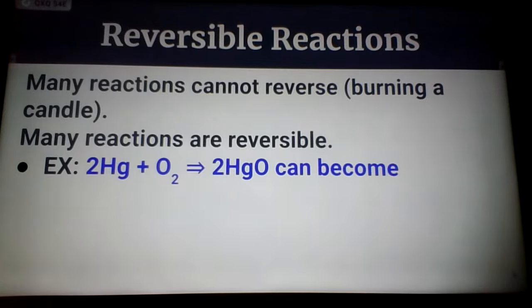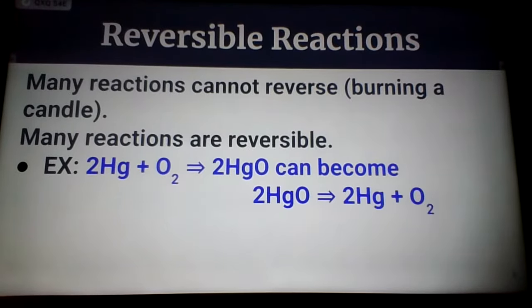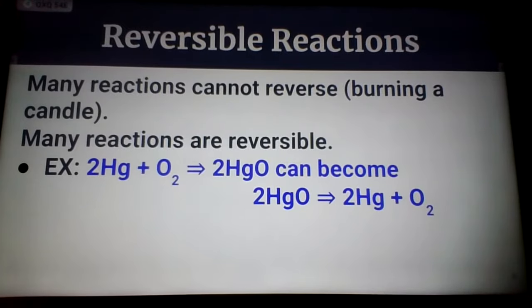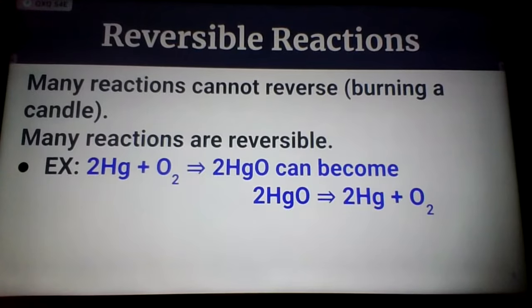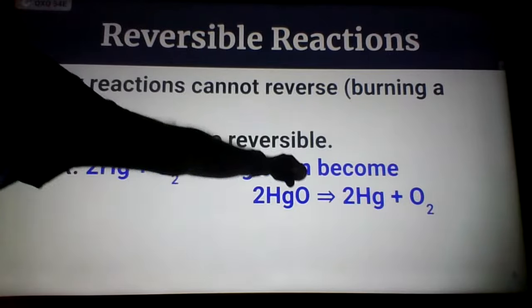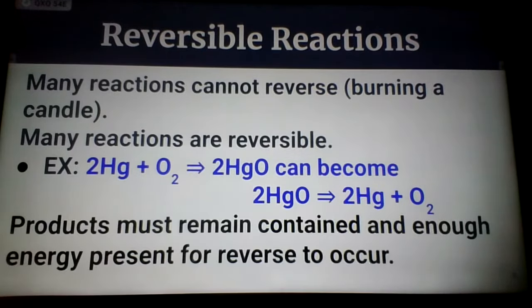Well, that mercury oxide will be separated back into the mercury atoms and the oxygen diatomic molecule. But remember, the 2's in front, the coefficients, will still balance the equation. So here's an example of a reversible reaction. The combination one got reversed and became a decomposition.